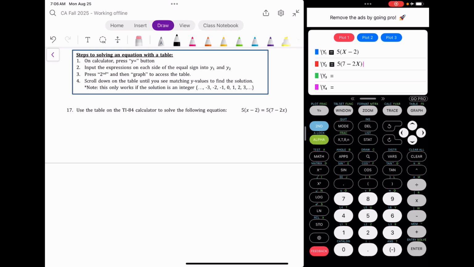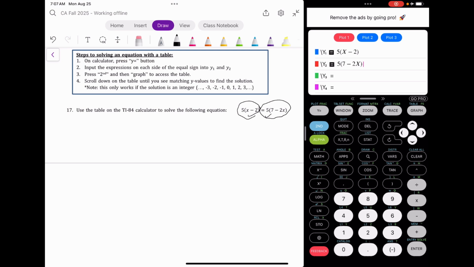All right, on this last problem, we're going to utilize the calculator. So one way you can solve an equation like this is you can put both expressions into y equals. So notice I have that expression that I circled in y1, this expression in y2.